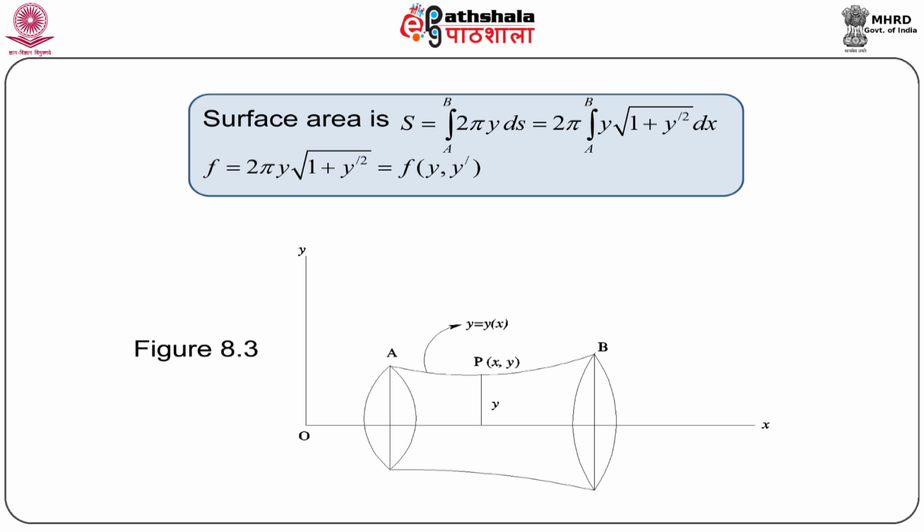This is the curve y equal to y function of x, P is a point on it. Here is the point A whose coordinates have been given, B its coordinates are also given. If we rotate this surface about this axis, we get such type of surface of revolution, which has been shown in figure 8.3.